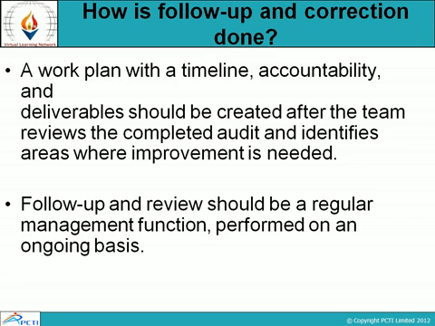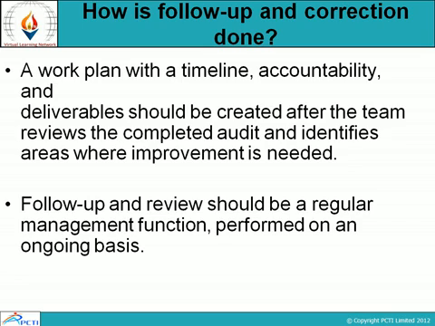First is a work plan with timely, accountable and deliverable items should be created after the team reviewed the comparative audit and identified the areas where improvement is needed. In terms of it, it is bringing out or developing the work plans of the HR audit, but that plan should have timeliness, accountability and deliverability.